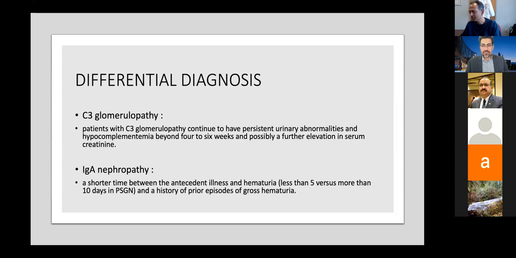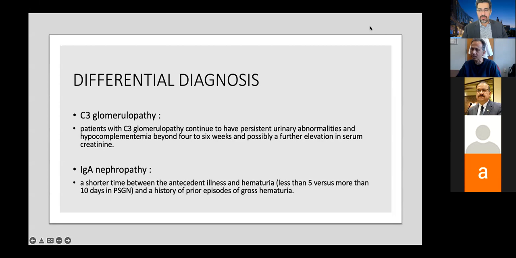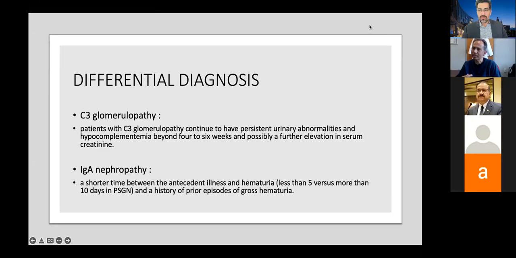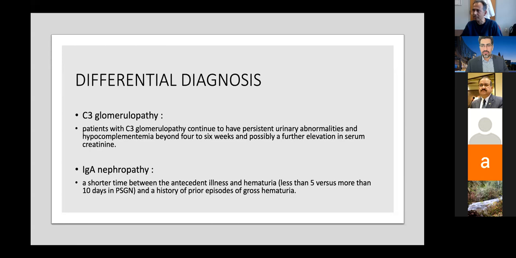In IgA nephropathy, a young adult or child can also present with hematuria, proteinuria, hypertension, all those symptoms. Clinically, it can present after infections also, but most of the time shortly after infection, like less than 5 days.